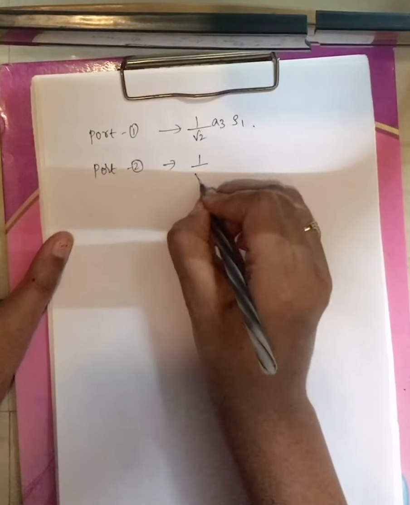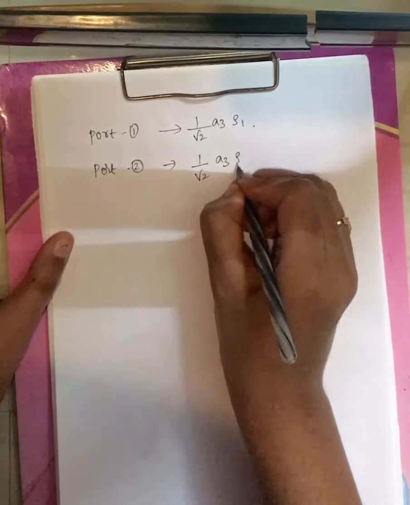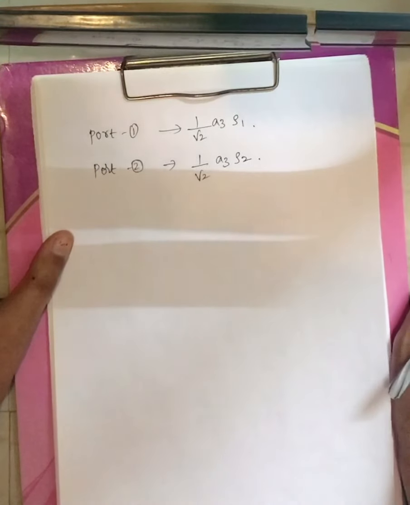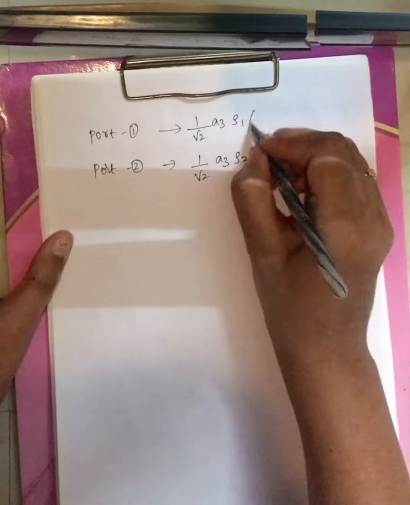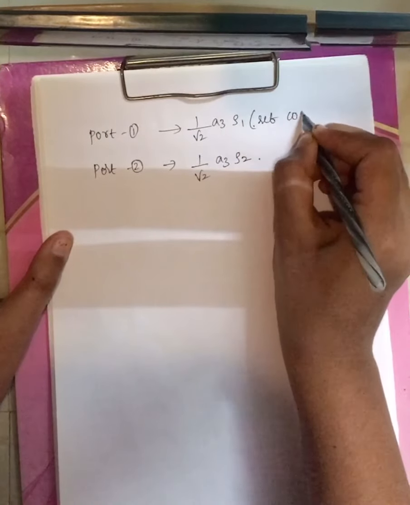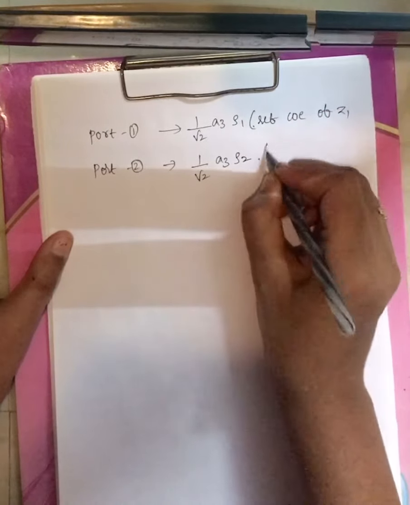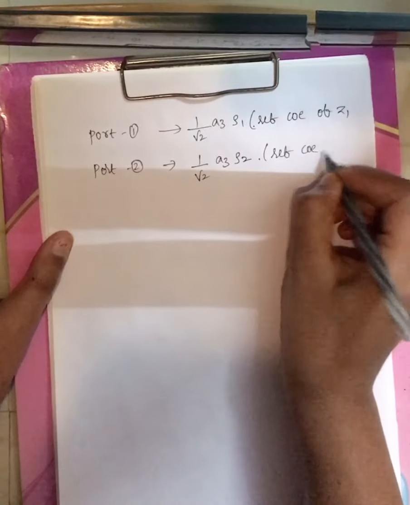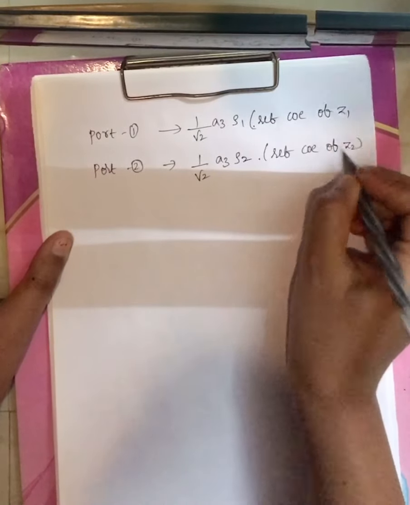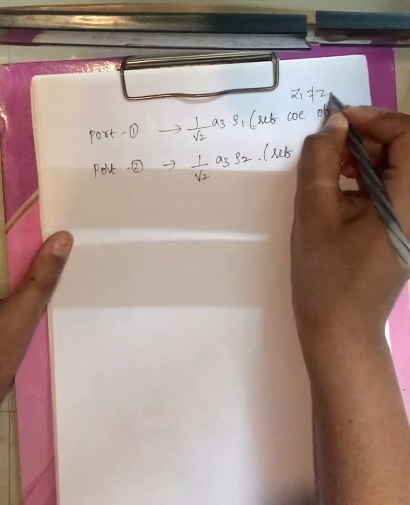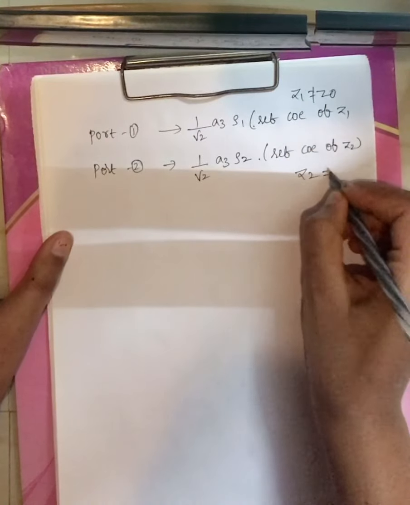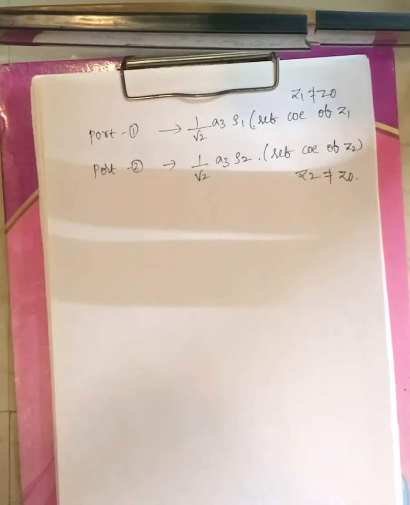This is nothing but 1 by root 2 A3 into rho 2, right? Rho 1 is the reflection coefficient of Z1 and rho 2 is the reflection coefficient of Z2. Why are you getting reflection coefficients? Because Z1 is not equal to Z0 and Z2 is not equal to Z0, right? Now this is at your port 1 and port 2.